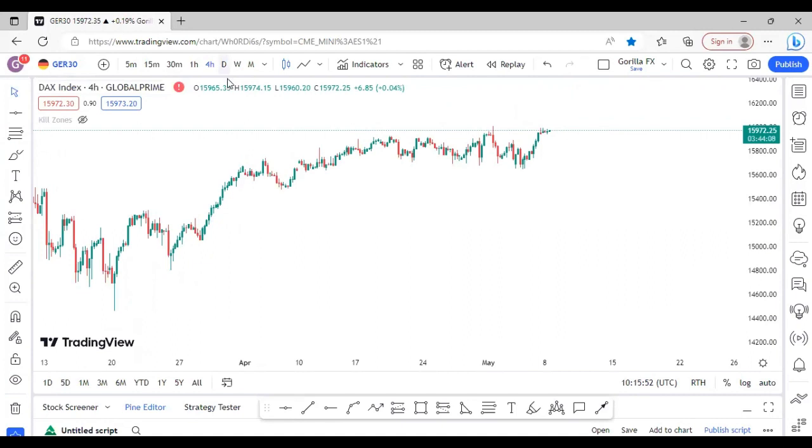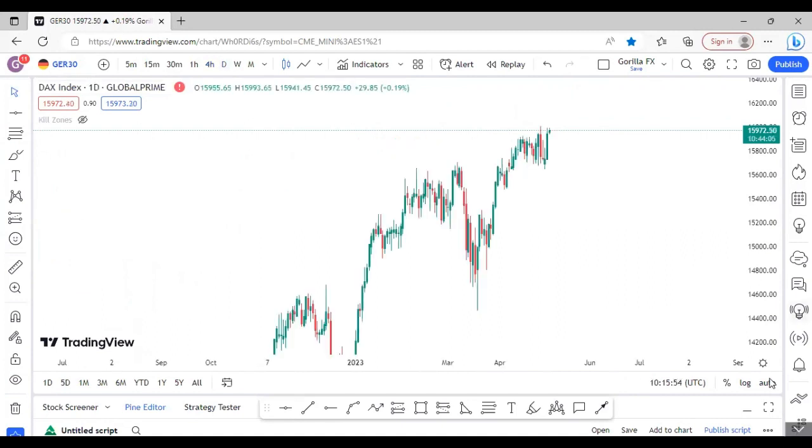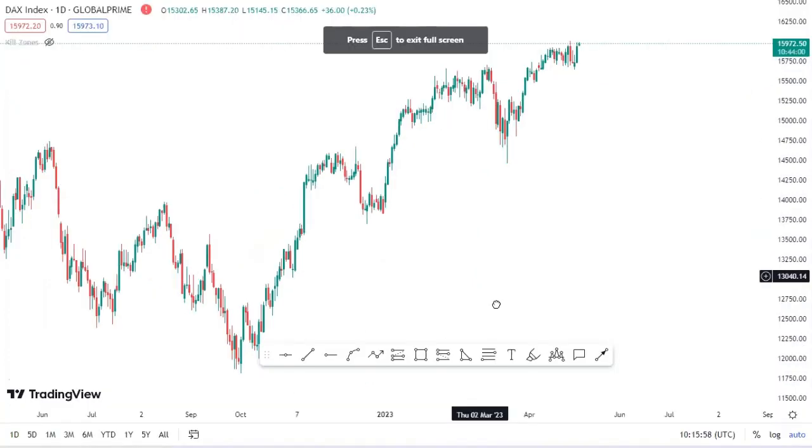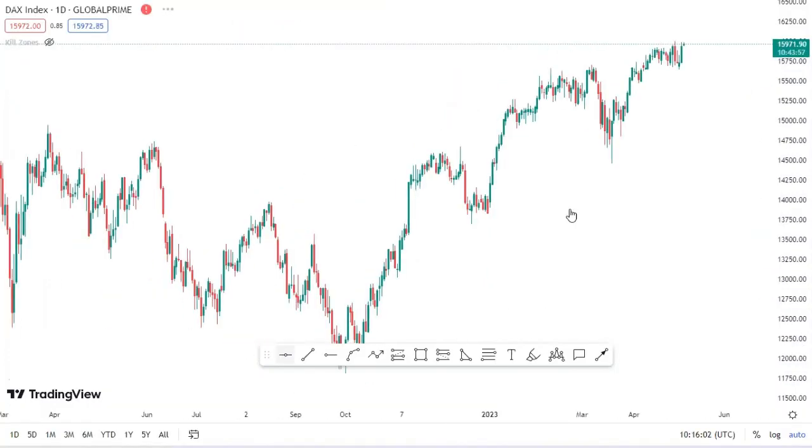Daily time frame. So we are in our daily time frame. Just press here. So on our daily time frame, we are just going to show you.